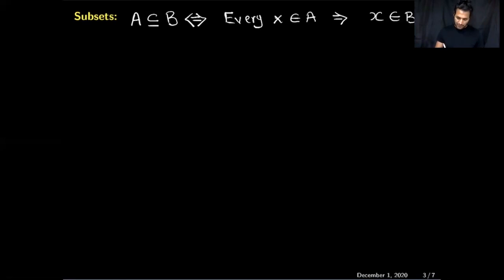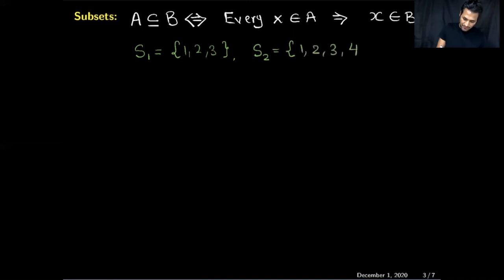Let me give you a few examples. Suppose I have a set S1, which has elements 1, 2, and 3. Then I have another set S2, which has elements 1, 2, 3, and 4.